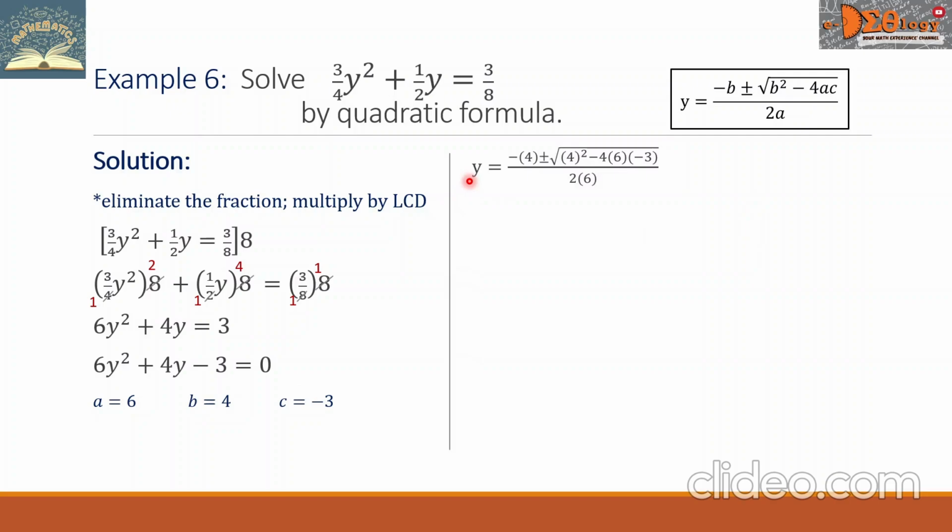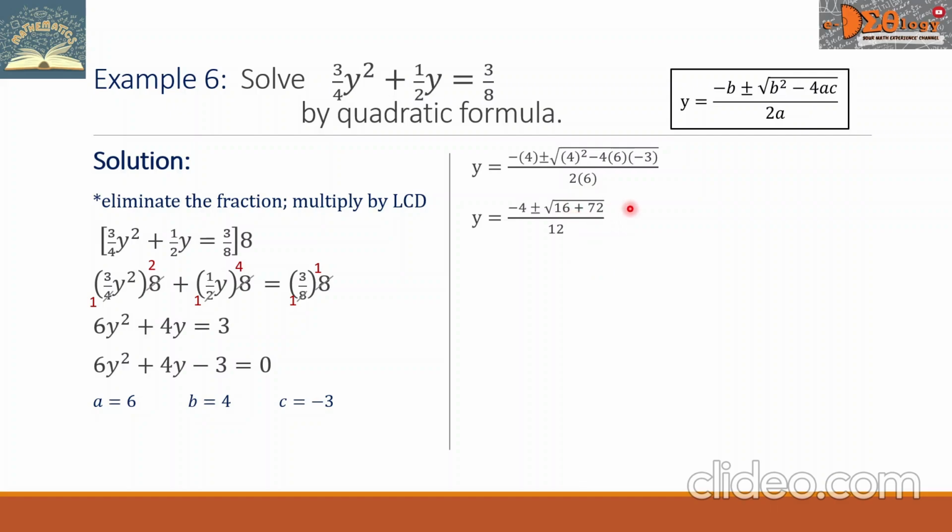So we have y equals the negative of 4 plus or minus the big square root of 4 squared minus 4 times 6 times negative 3 all over 2 times 6. We simplify further. So we have now negative 4 plus or minus the square root of 4 squared is 16, negative 4 times 6 times negative 3, now positive 72, all over 2 times 6 is 12.